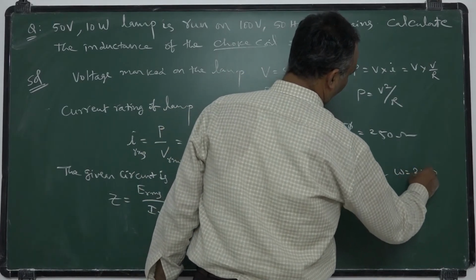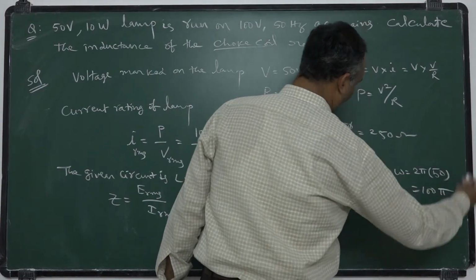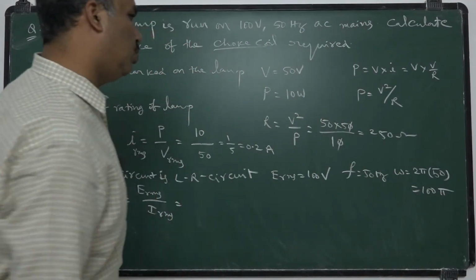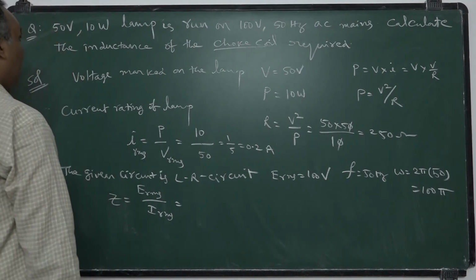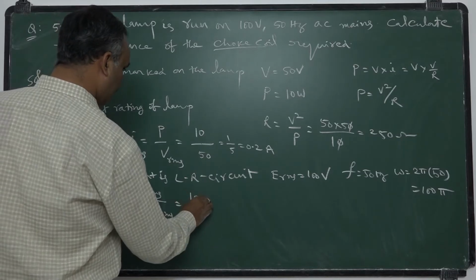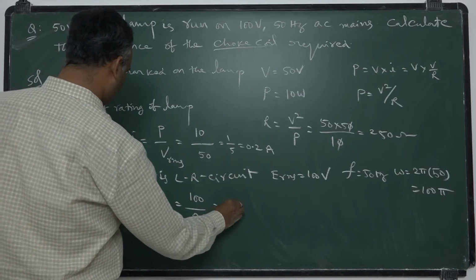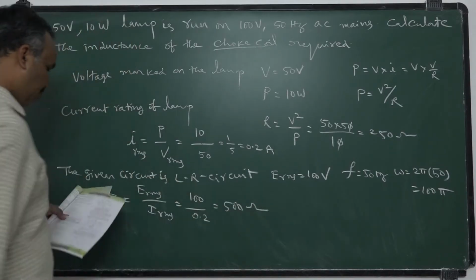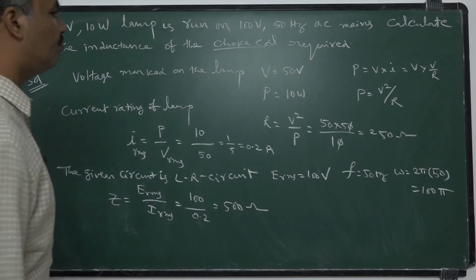So omega is equal to 2 pi into 50, that is 100 pi. So if I substitute ERMS value here as 100 volts, IRMS 0.2, that is 500 ohms is the impedance in the circuit, and we need to calculate L value.